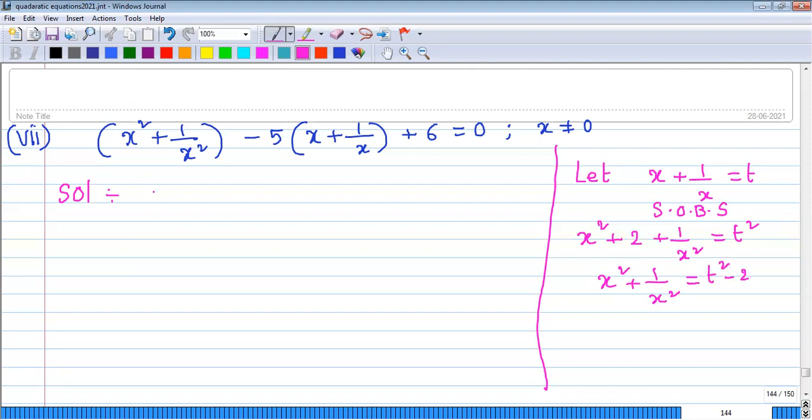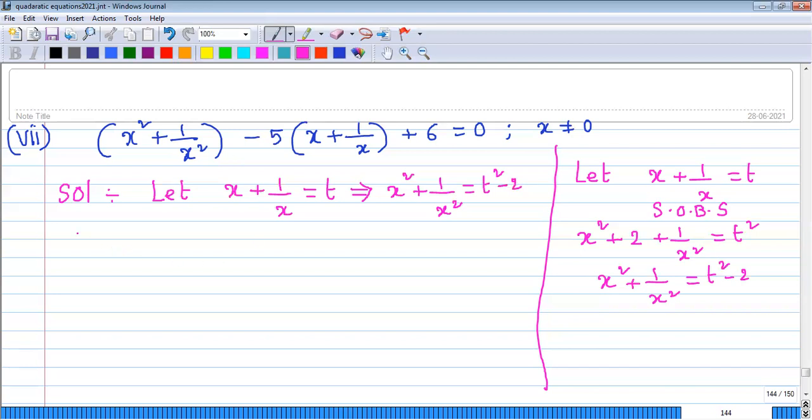So let us proceed like this. Let x plus 1 by x equal t. That implies x square plus 1 upon x square equals t square minus 2.